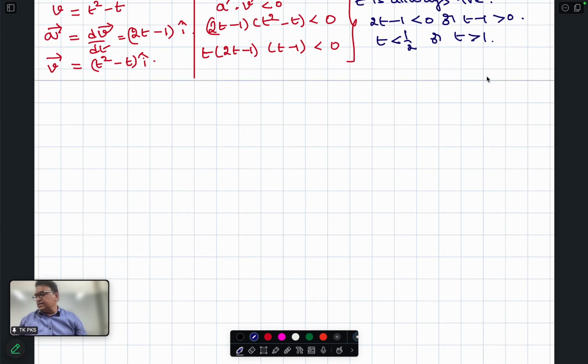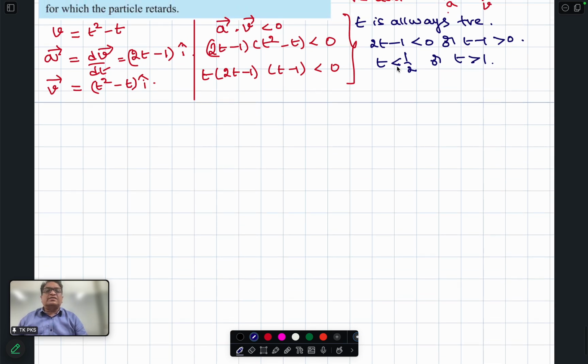First of all, let us check: t less than half and t greater than 1, that is one possibility.